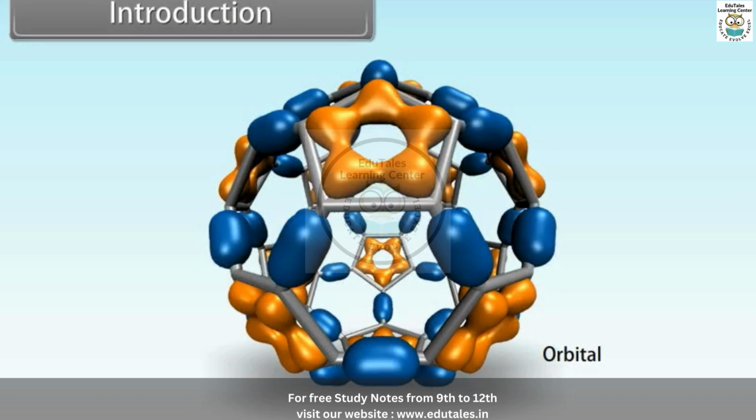Orbitals are characterized by a set of numbers known as quantum numbers. The energy, size, shape and orientation of the electron orbital can be specified by the use of three quantum numbers. These are the principal quantum number, azimuthal quantum number and magnetic quantum number. So, throughout this model, we will study the quantum mechanical model of the atom.